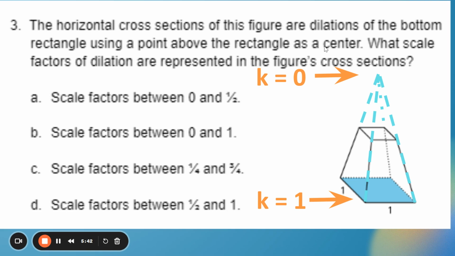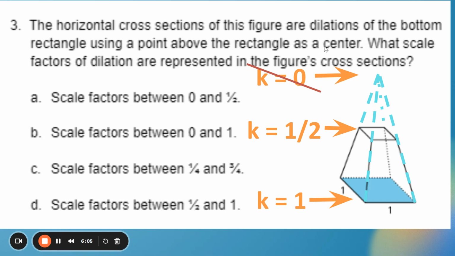So in the middle is where we're looking now, and that middle is probably about half if we're looking at the options we have here, which is a half, a fourth, and 3/4. I would say this is closer to a half than those other two. So if we're looking at a cross section of a half, and we're trying to find the range of all of our cross sections, that top at 0, we don't even have.